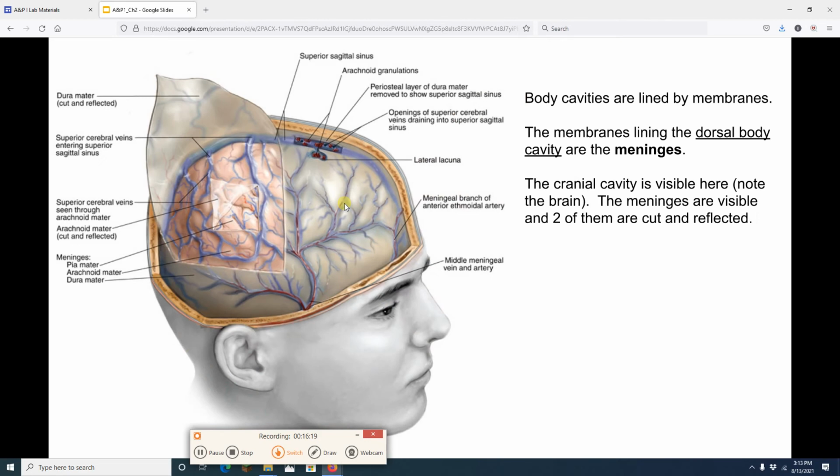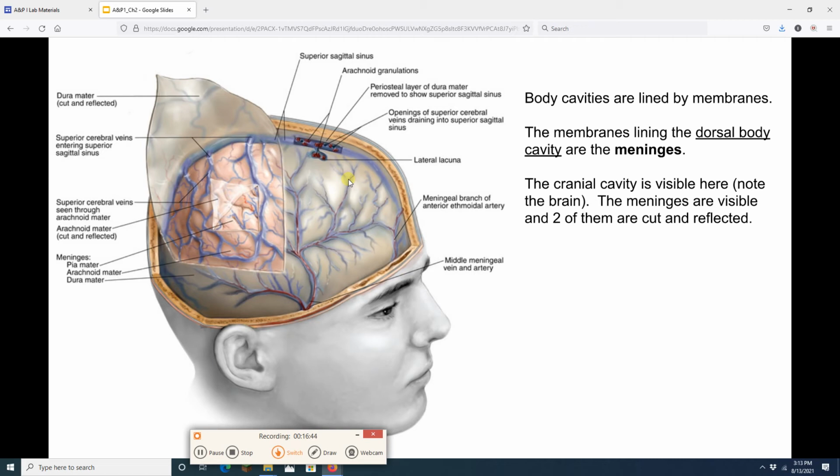Okay. What we need to do now is take a slight detour and talk about membranes. Body cavities are always lined by membranes. Membranes can help attach organs within their cavity.